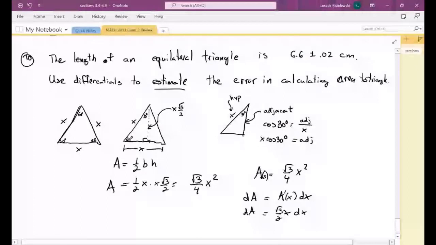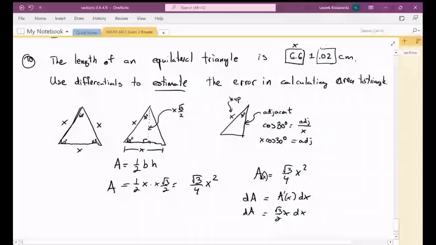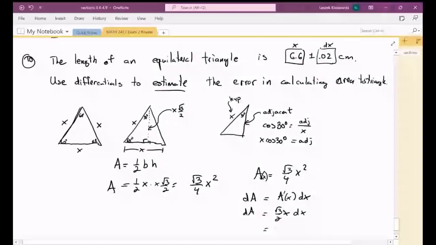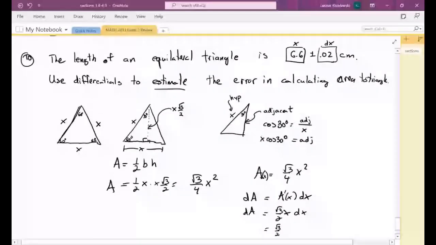So what's going to play the role in the measurement? The measurement is x. The plus or minus is the differential error, if you will, right? 0.02. So we just plug and play. We plug in 6.6 for x and 0.02 for delta x or dx, and that would be dA.